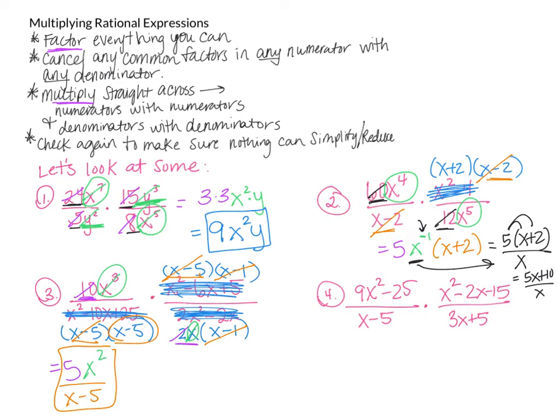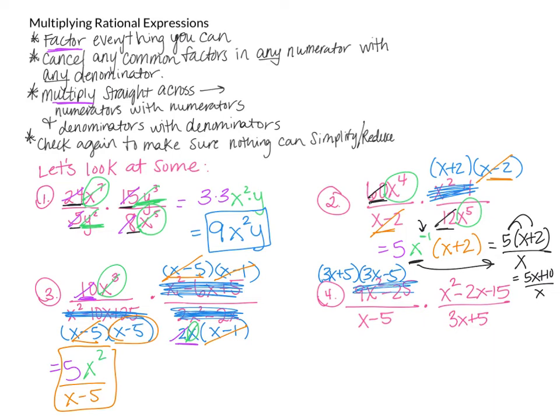All right, let's look at this very last one and see if we can get it. Remember the whole idea for all of this stuff that we're doing is to get it to where we can cancel off as much stuff as we can. So I'm going to start off and factor. The first numerator is the difference of perfect squares.